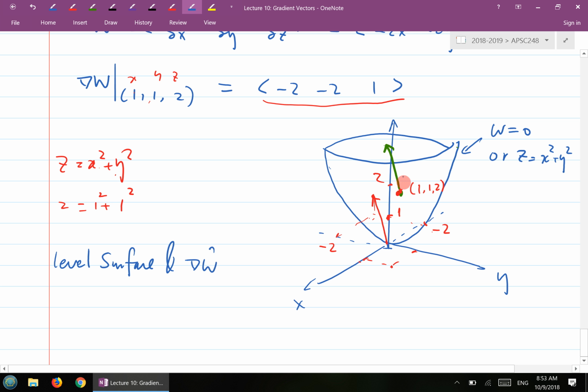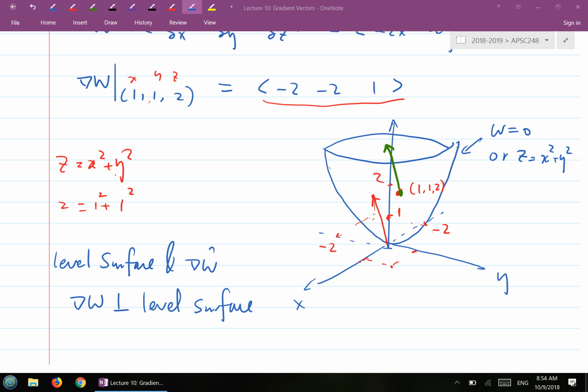As I'm going to show you, this del W is perpendicular to this level surface, just like in the other case, the gradient vector is perpendicular to the level curve. In this case, this gradient vector is perpendicular to this surface here. I'll show you shortly.